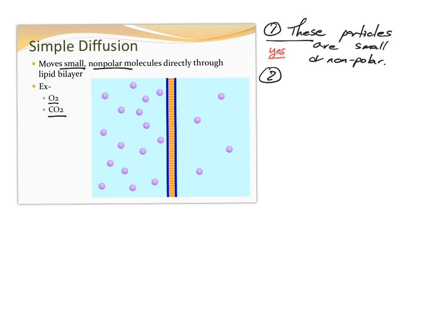Then the next question is, which side's high? Which is high? Which is low? So this is the left and this is the right, right? Is that correct? Everybody okay? This is high and this is low. What is this thing?